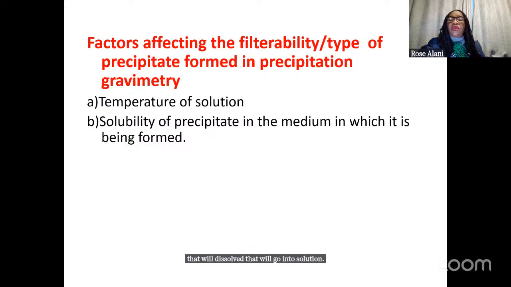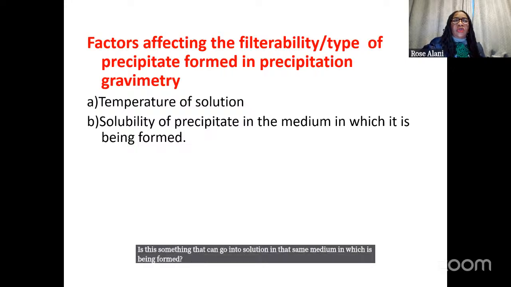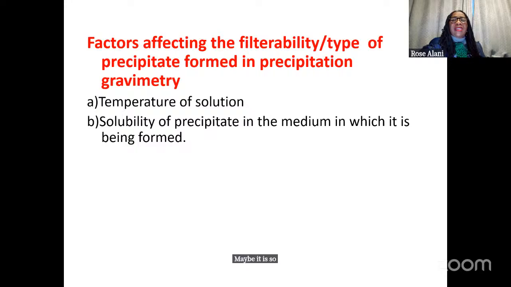So you have to know what temperature is favorable. If you heat it, sometimes it could go into solution. And also solubility of the precipitate in the medium in which it is being formed. That precipitate that you have formed, is it something that can go into solution in that same medium in which it's being formed? If it is so, then it will affect the filtration.